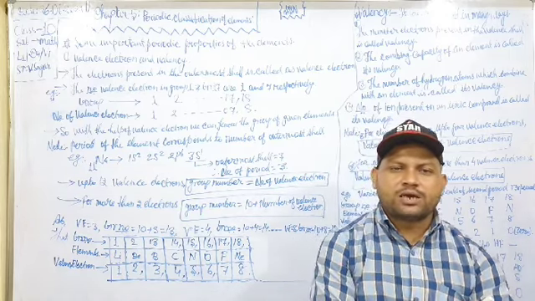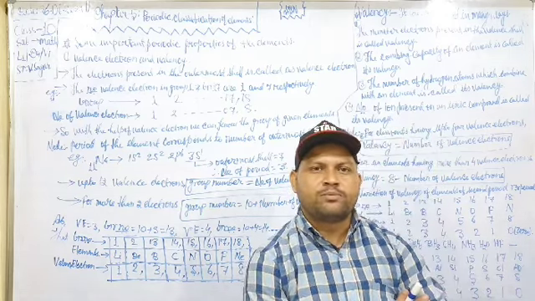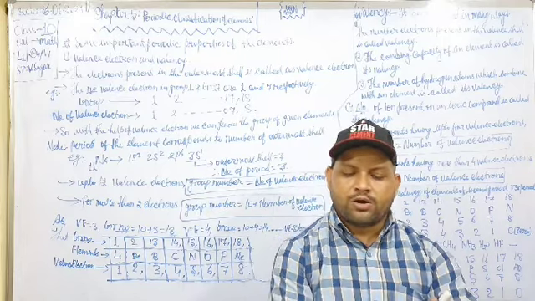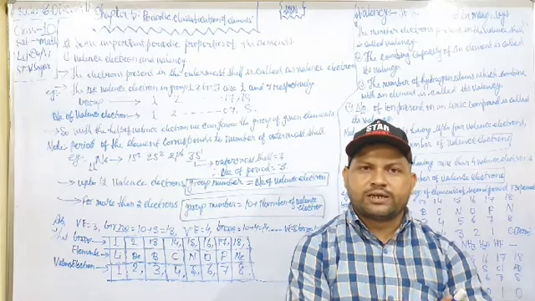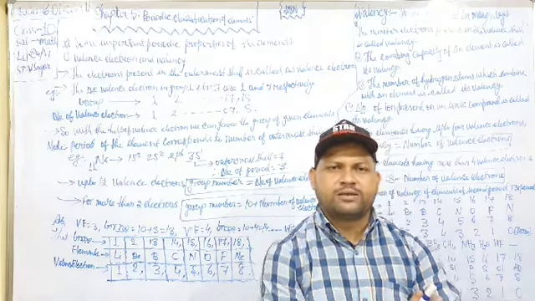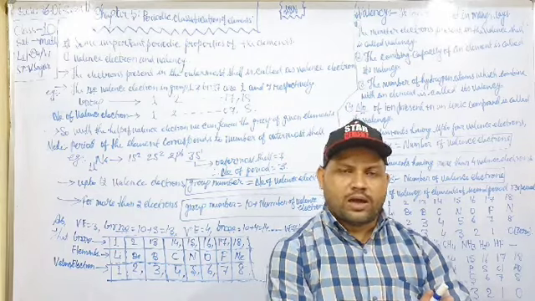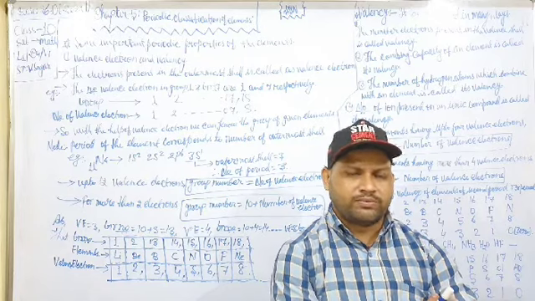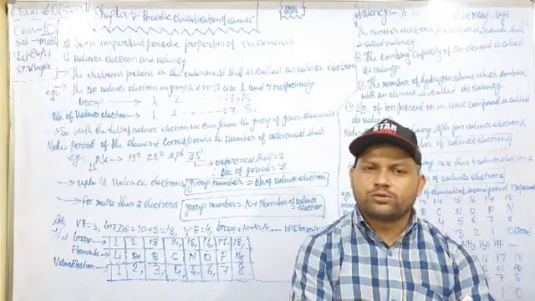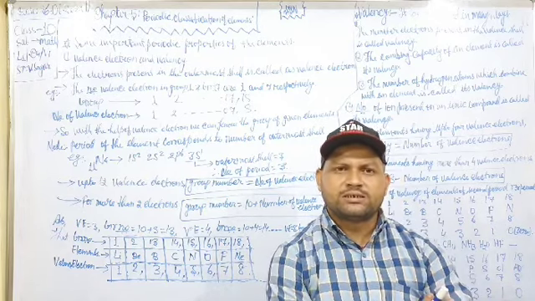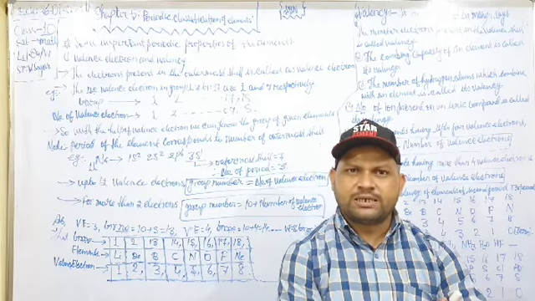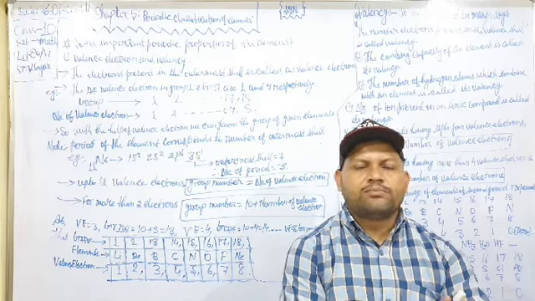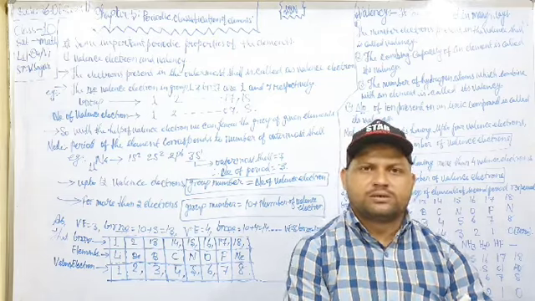In this series, I am going to explain some important properties of elements, that is, periodic properties of elements. In the previous class I suggested that you read about atomic size, valence electrons, valency, and metallic and non-metallic character of elements.